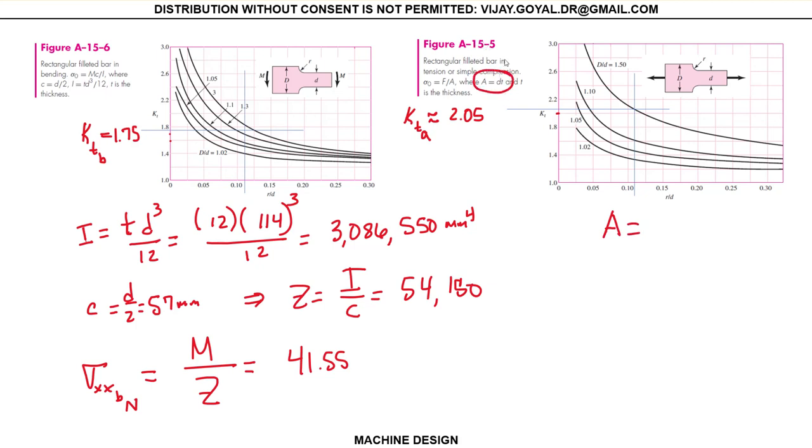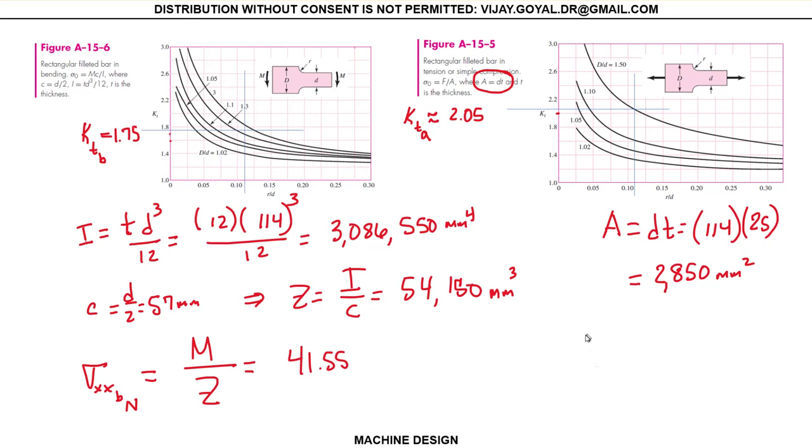The area is d times t, and that would be 114 multiplied by t, that's 25, and that gives you 2,850 millimeters squared.